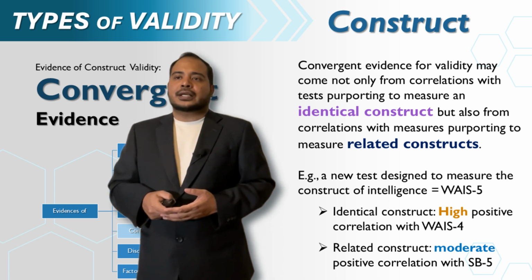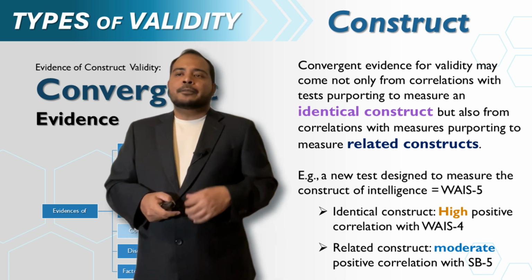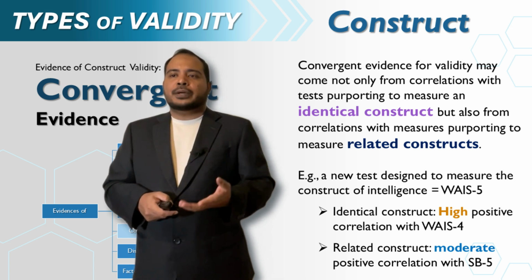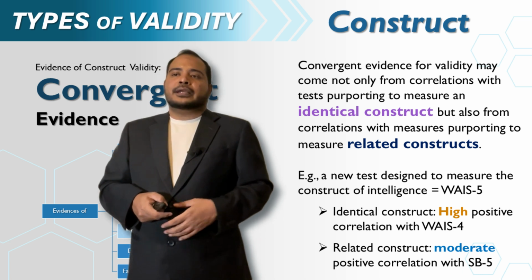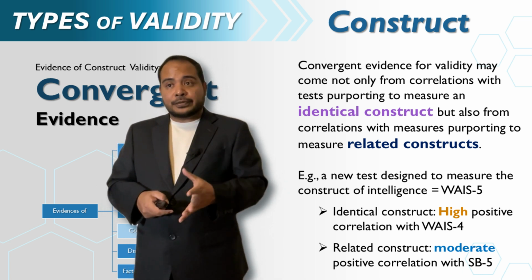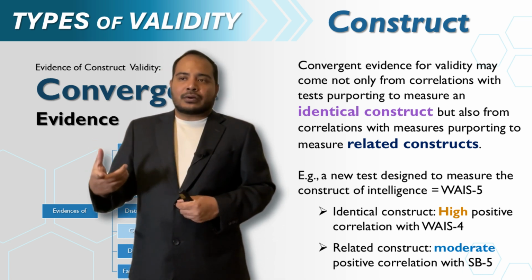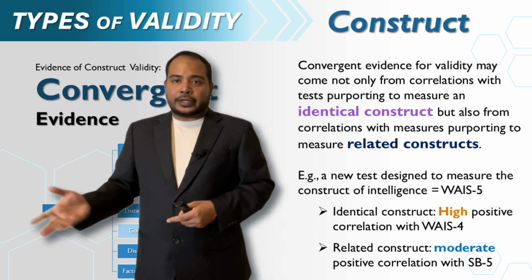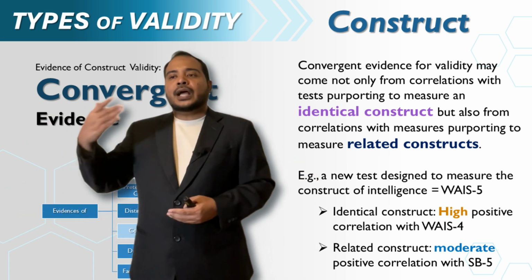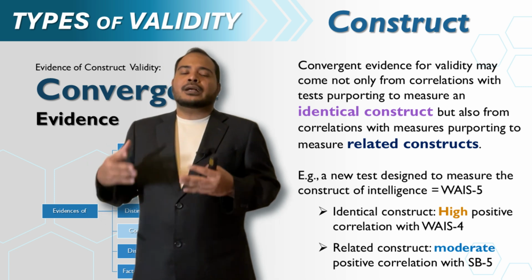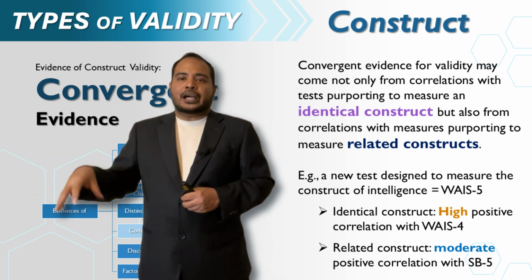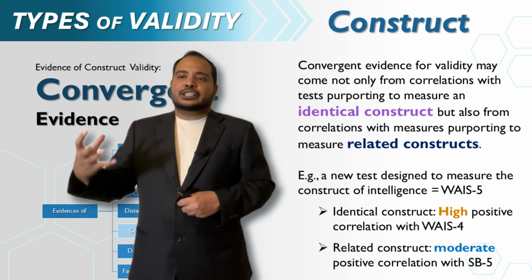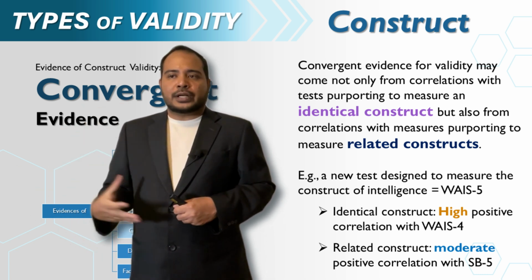Related constructs. So for example, given here, a new test designed to measure the construct of intelligence, for example WAIS-5. This WAIS-5 is the fifth version, so the identical construct is the WAIS-4, the earlier version. If we collect data for both versions of the test, WAIS-5 and WAIS-4, we are expecting a high positive correlation.